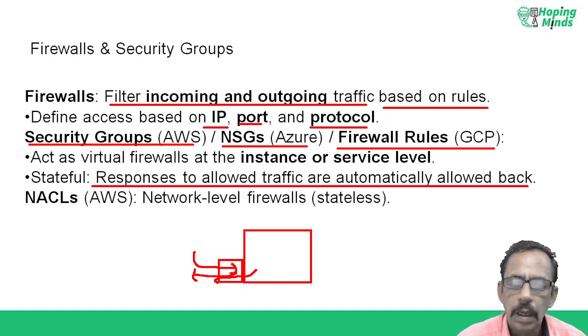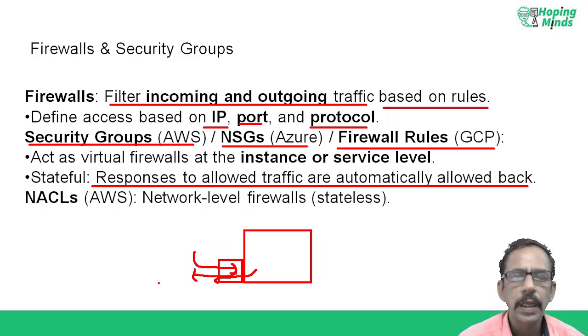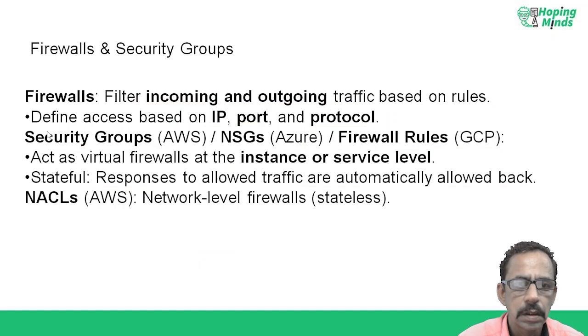If you are going out, then you are allowed to come in also, and vice versa. That is stateful. Stateless means this person can go out but cannot come in, or can come in but cannot go out. In stateless, we have to configure both the rules, inbound and outbound rules.